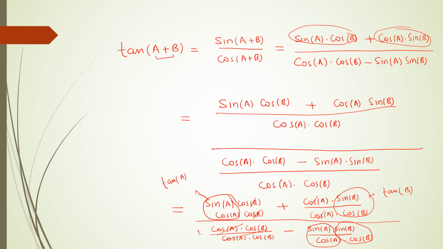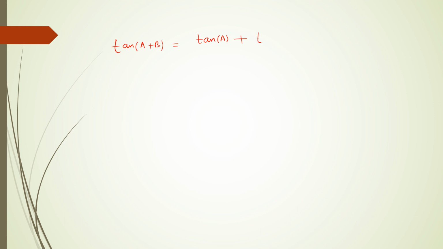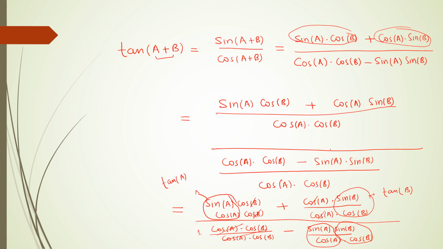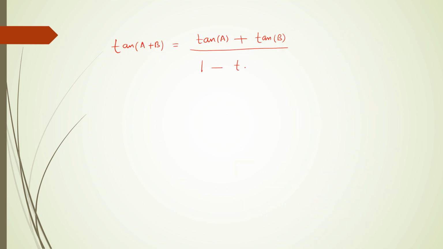So now in the next one we can write tan of A plus B is equal to tan of A plus tan of B upon 1 minus, we can see here, sin A upon cos A is tan A into sin B upon cos B is tan B. So we can write here tan of A multiplied by tan of B. So we also get the formula for tan of A plus B here.